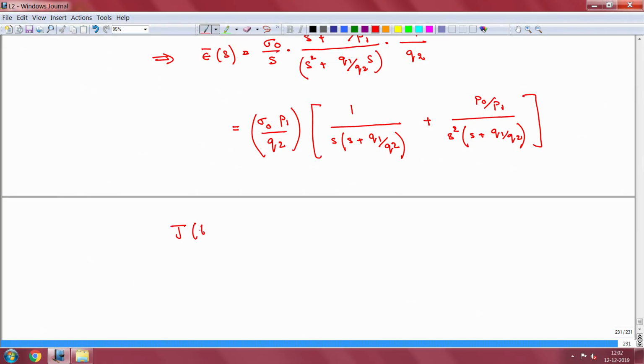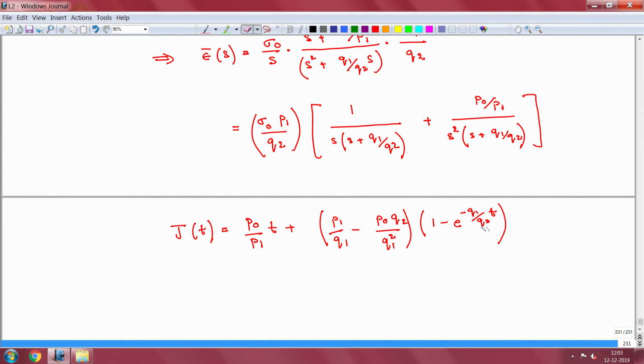So, the expression that I found is J(t) is equal to, so I am just writing it down, the final form is P naught by P1 times t. So, there is a linear part to it, and then there is P1 by Q1 minus P naught Q2 by Q1 square, times 1 minus e to the power minus Q1 by Q2 t. So, this is the algebraic form.